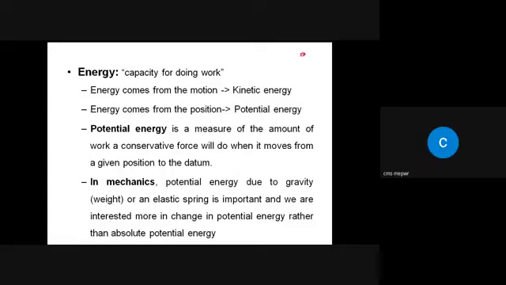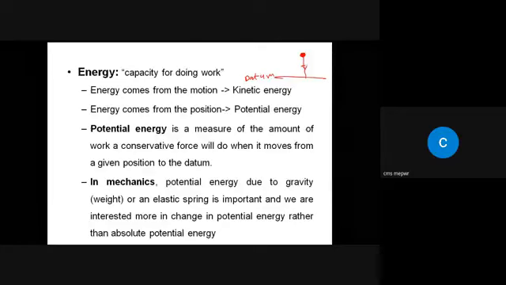For example, if this is the object and this is the datum, due to this position this object will have some energy, right? So if this object moves from this position toward the datum, how much work will it perform? That is basically its potential energy.